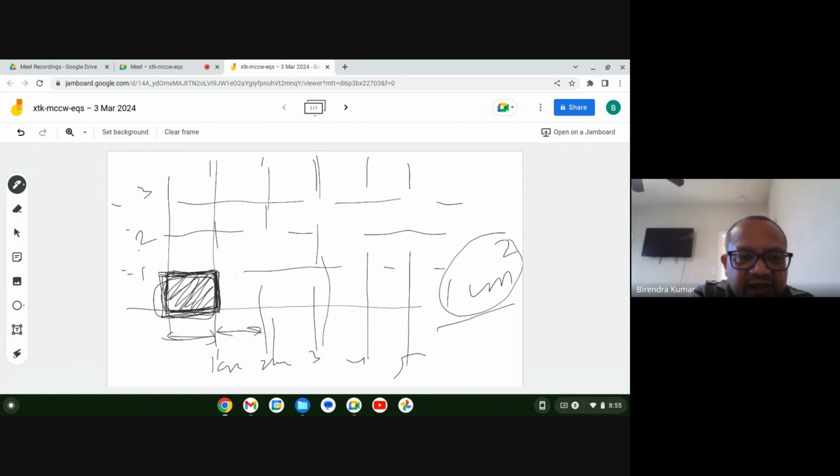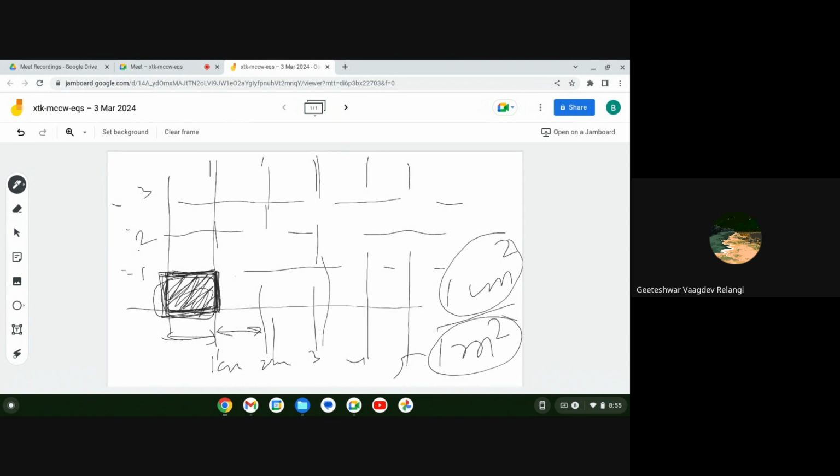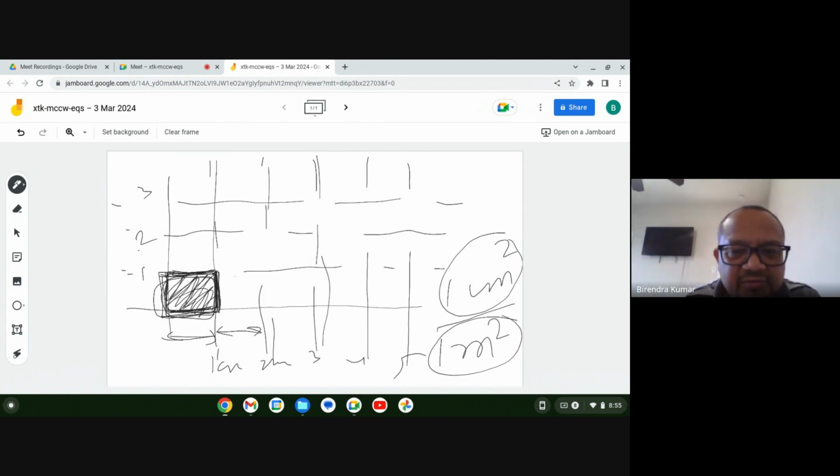So that square would be called one meter square. So that becomes your unit. Let's not worry about the meter thing right now. I was just giving an example. Now here, what we have seen is a unit, 1 centimeter square, meaning a square which has 1 centimeter on all sides.